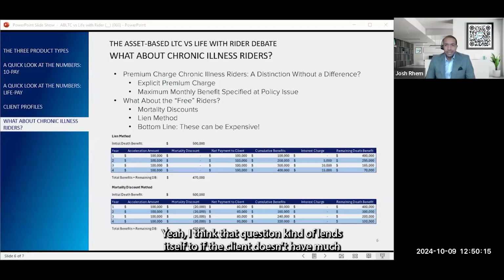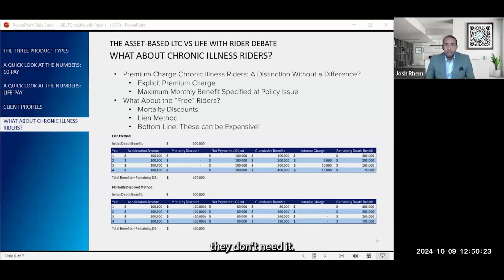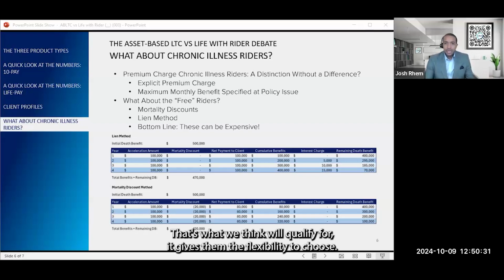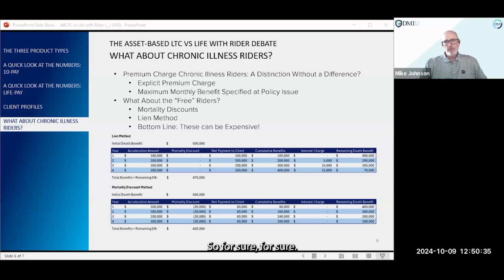Yeah, I think that question lends itself to if the client doesn't have many assets and doesn't need it. But as you said, it's about how they envision the care. Do they want to go to a Medicaid qualified facility, if that's what we think they'll qualify for? It gives them the flexibility to choose. And it's not to say that traditional long-term care is always a bad thing.